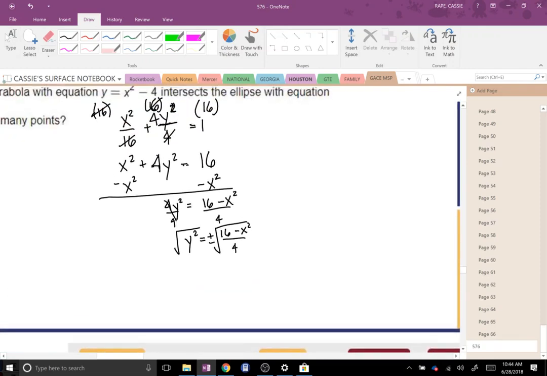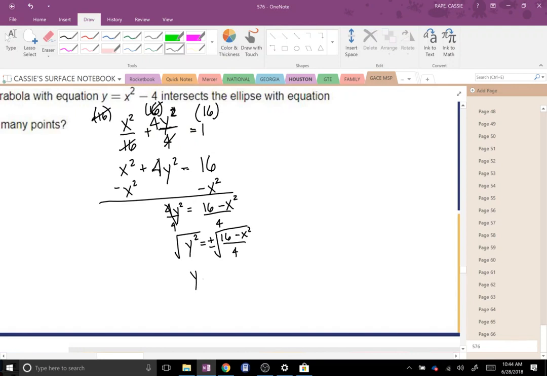So you end up with y is equal to either a positive square root of (16 minus x squared) over 4, so that's one answer, and the other answer is a negative square root of (16 minus x squared) over 4.